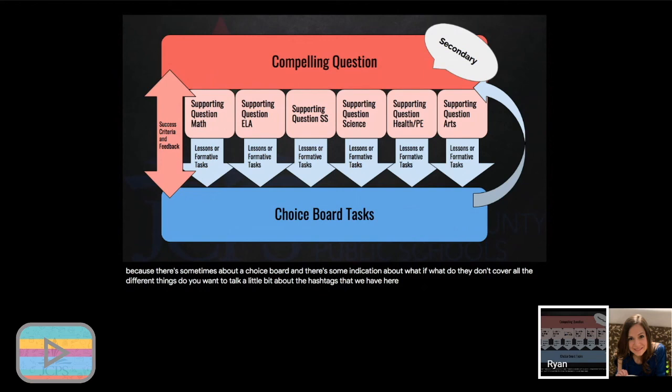So you see at the top the compelling question, each supporting question siloed there by discipline, which is what you see in that high school example. We know that those lessons and the formative tasks have to stem from those supporting questions and then lead to those performances from the choice boards that answer the compelling question. And we know that the success criteria and models and feedback need to happen all throughout that model.